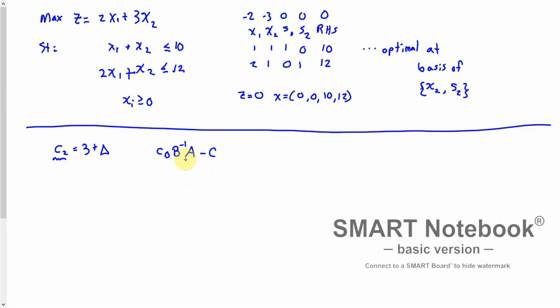The easiest to come up with is capital A because that is just this body right here. So I know capital A is 1, 1, 1, 0, 2, 1, 0, 1. So there's capital A. Minus off the cost. And the cost is actually an easy vector to have too, because the cost is technically the opposite sign of what's sitting here, 2, 3, 0, 0.